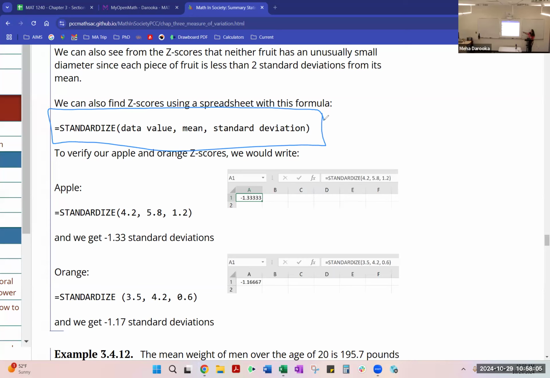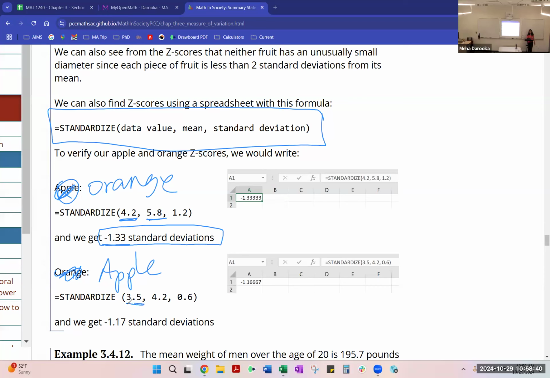So you can see for the apple example, the one Ali picked was 4.2 inches. No, this should be orange. Because the orange was at 5.8, this guy should be out. So yeah, the orange he picked up was 4.2 inches. The mean was 5.8, and the standard deviation was 1.2. So their orange came out to be -1.33 below the mean in terms of standard deviation.